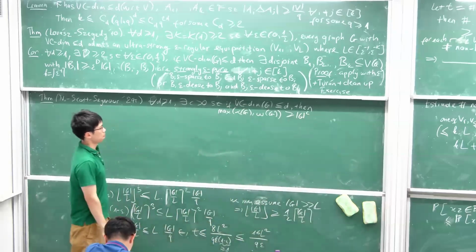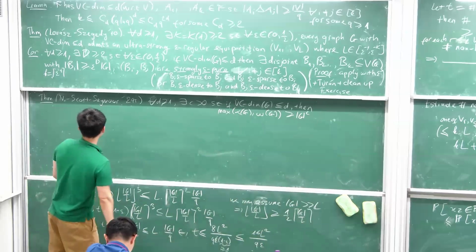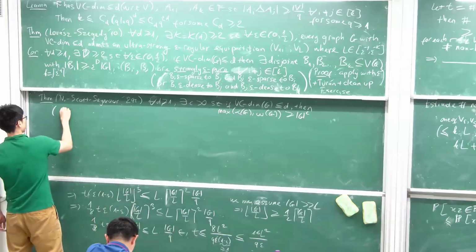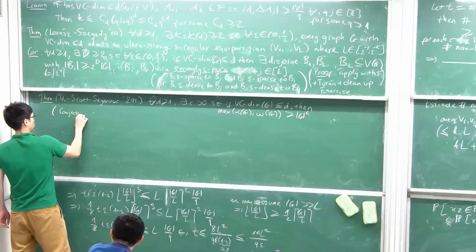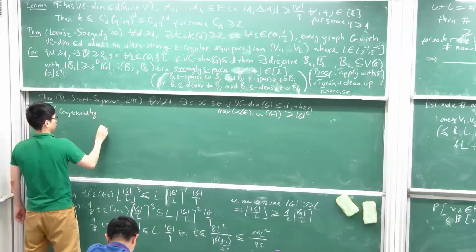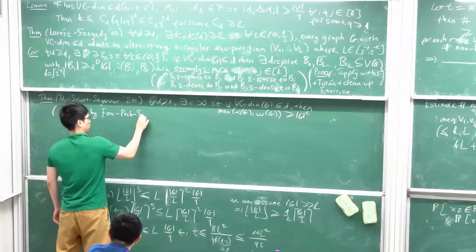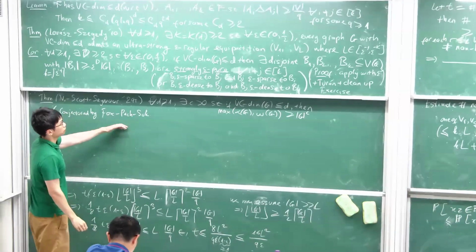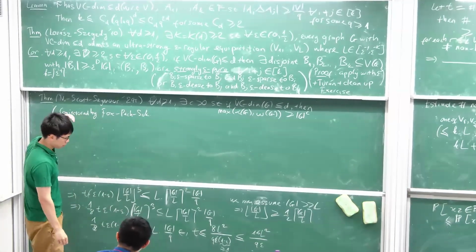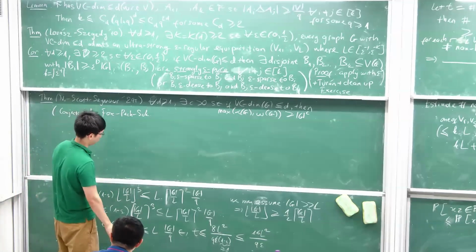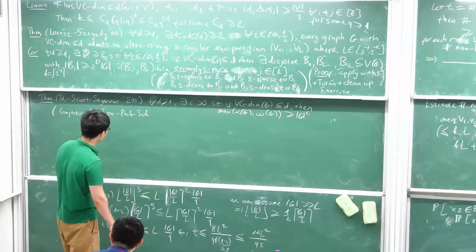Before that, this was conjectured independently by two groups of researchers. One is by Fox, Pach and Suk, the team that came up with the proof I just presented using the regularity lemma, actually in the same paper.